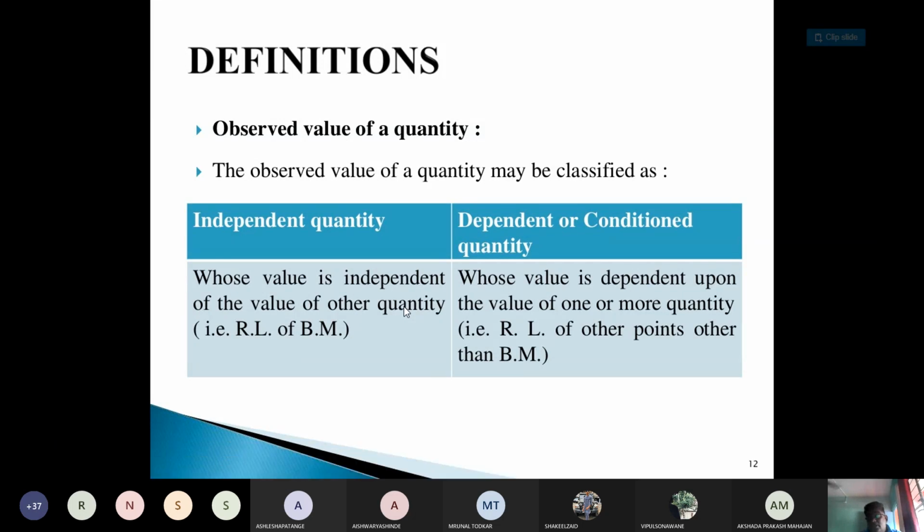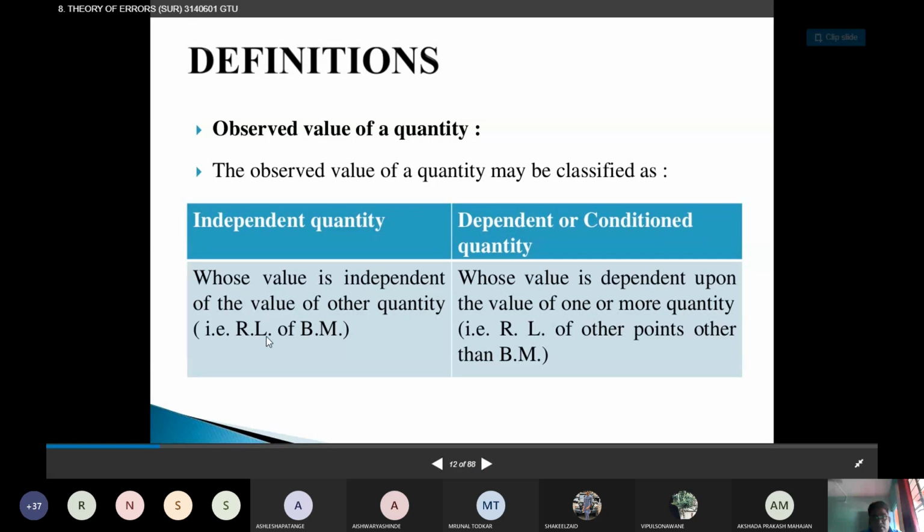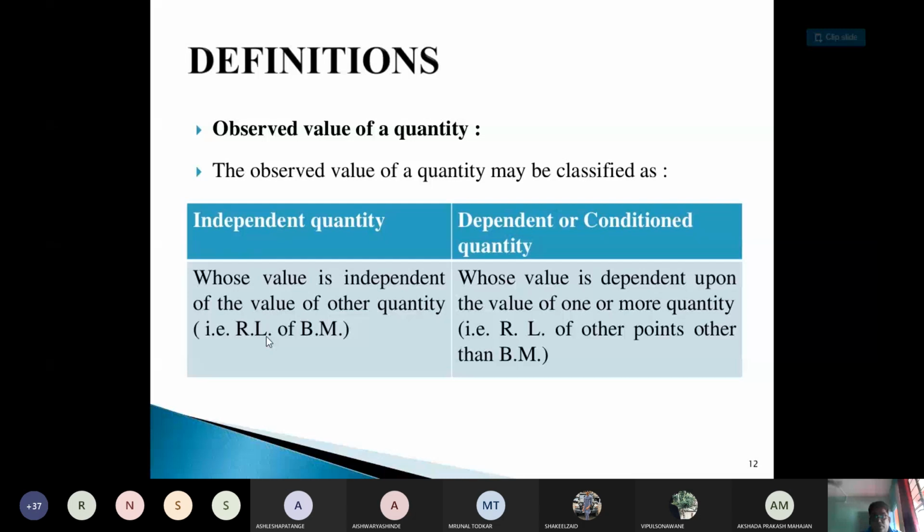Just like you have seen in fluid mechanics, whenever you obtain equations, suppose a function such as velocity depends upon many parameters. So velocity is the independent quantity and the other quantities we call dependent parameters. In the same way, an example in surveying is the reduced level of the benchmark, which is fixed, so it is an independent quantity.